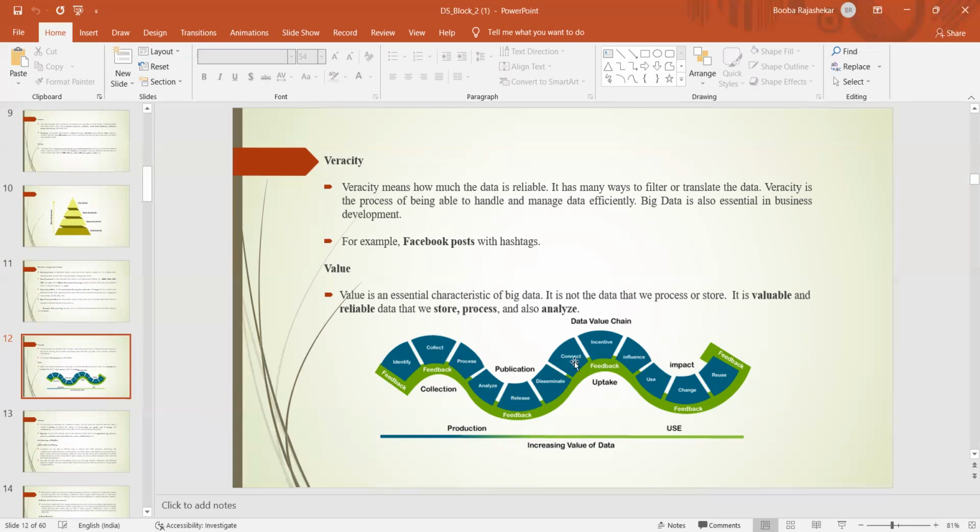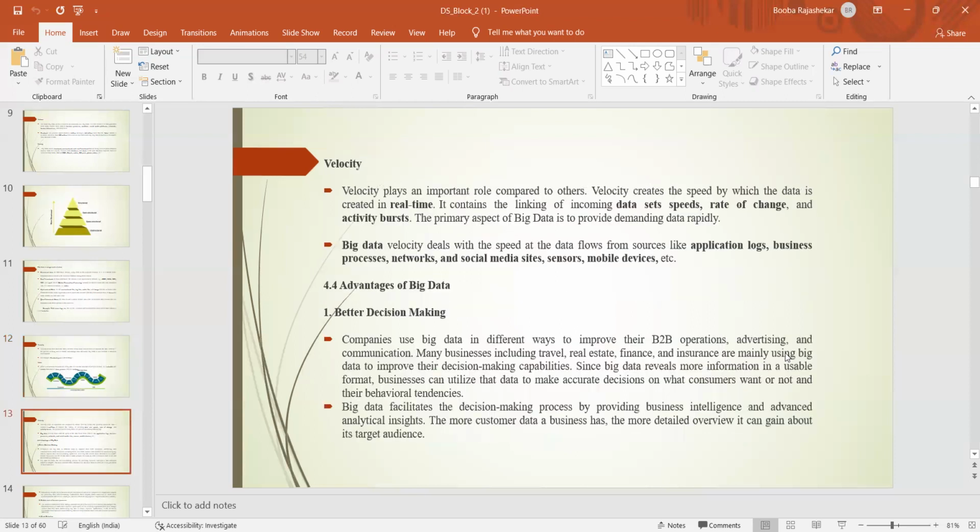In each and every link of the chain, the value of the data increases. We identify the data, collect the data, and process it. Then come analysis and release, connect and update. If you influence and use the data, impacting based on change, that is the main data value chain. It is increasing the level. So this is the valuable data.